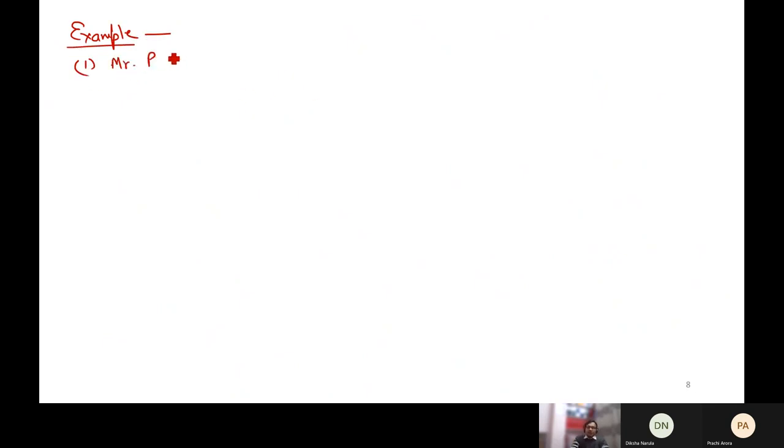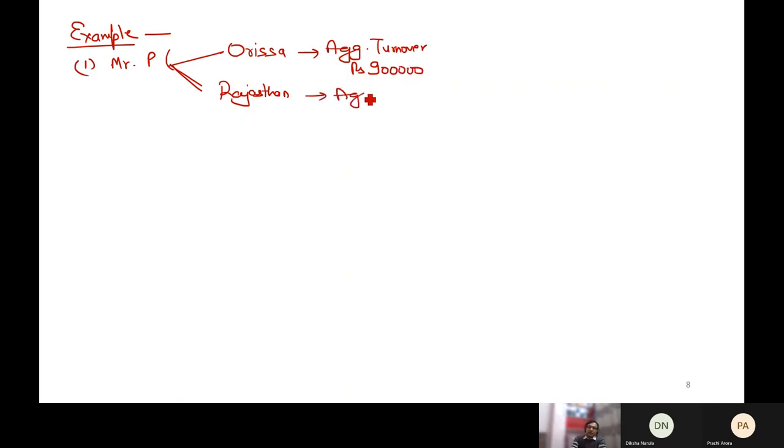Mr. P has two offices: Odisha and Rajasthan. Aggregate turnover of Odisha is 9 lakh. For Rajasthan, aggregate turnover is 14 lakh.